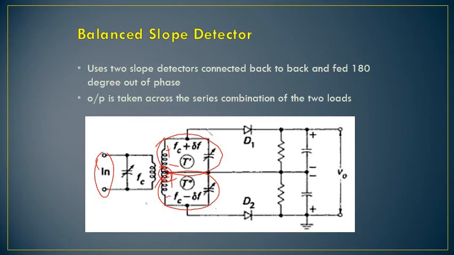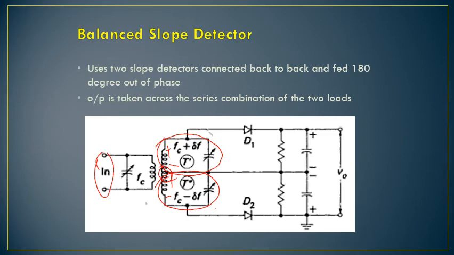So you can see this positive terminal, this voltage going to diode D1 will be positive. You can see here a negative terminal, so negative voltage will be given to diode D2. That means both are fed 180 degrees out of phase. So one is positive, the other one is negative.